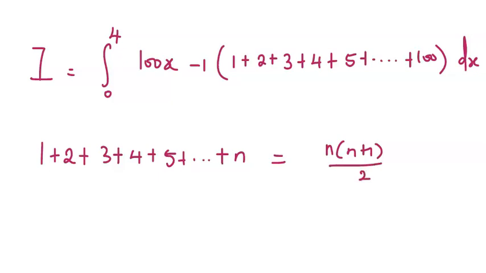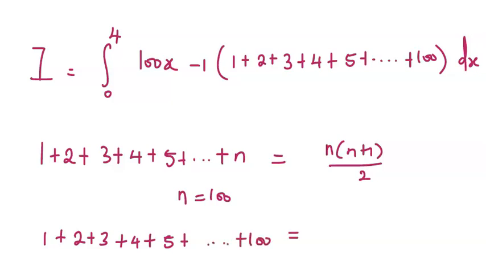Now we're going to let n equal 100, so that the sum 1 plus 2 plus 3 plus up to 100 is equal to 100 times (100 plus 1), which is 101, divided by 2. Because 100 divided by 2 is 50, then 50 times 101 will give us 5050, right?